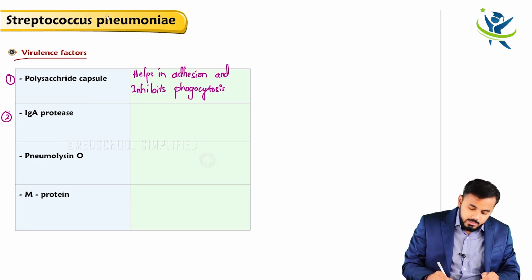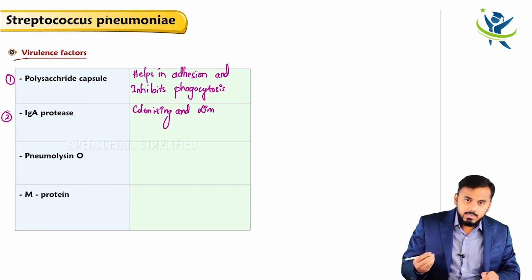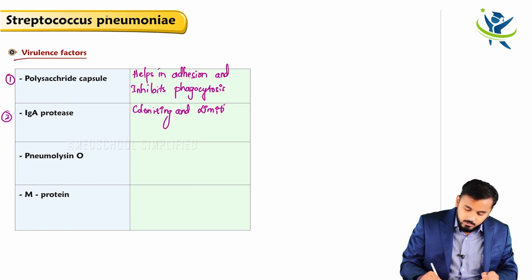So with the help of IgA protease, the bacteria is colonizing and limiting, I can also say inhibiting, my body's IgA.